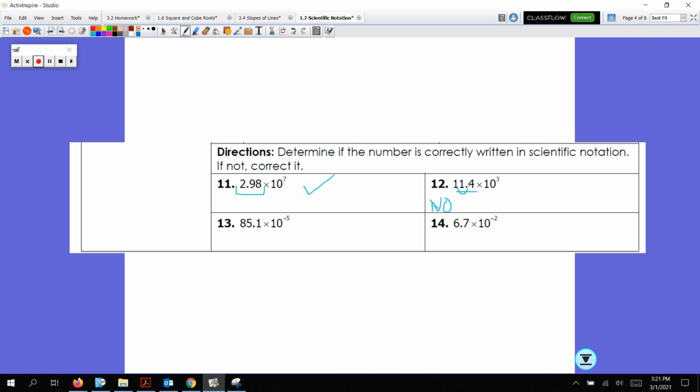One more place to the left. Remember, when we move it to the left, that's positive, so we're going to add 1 here. So now I have 1.14 times 10 to the 4th power.